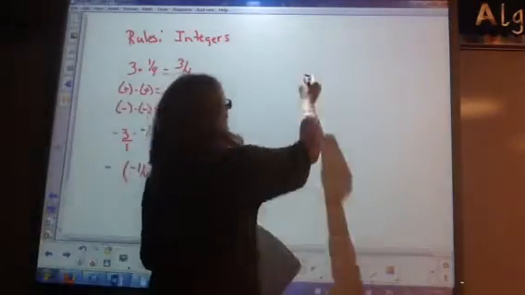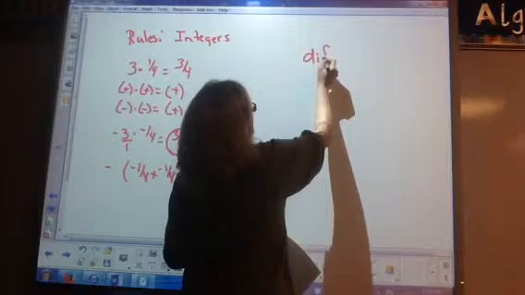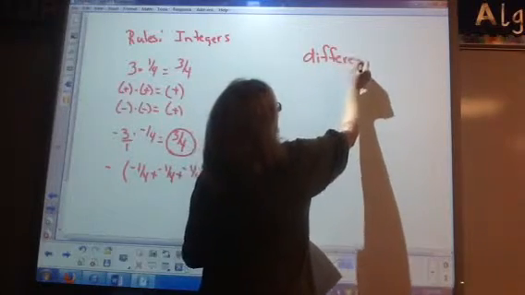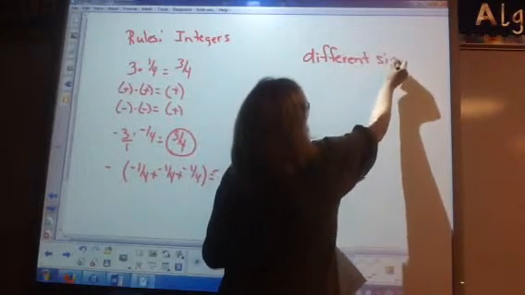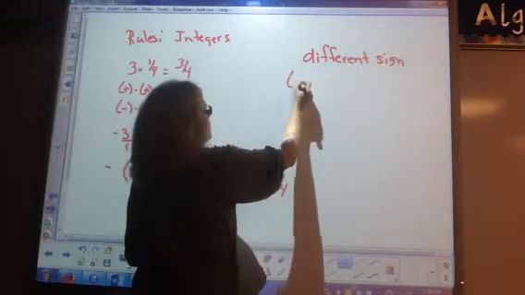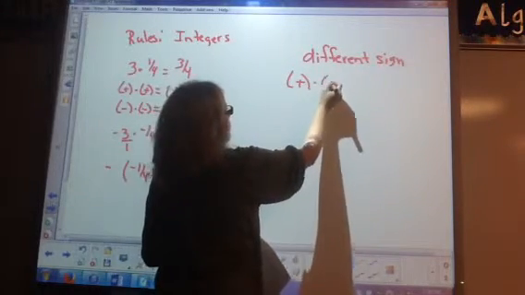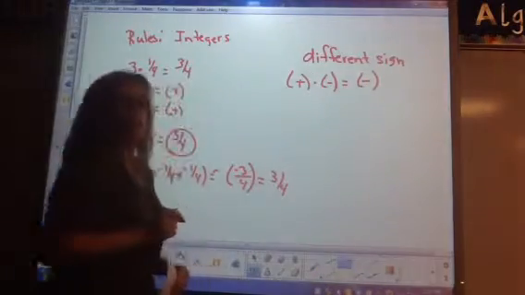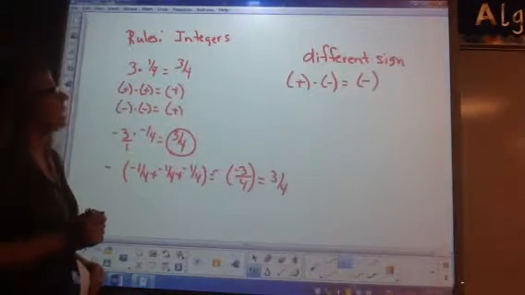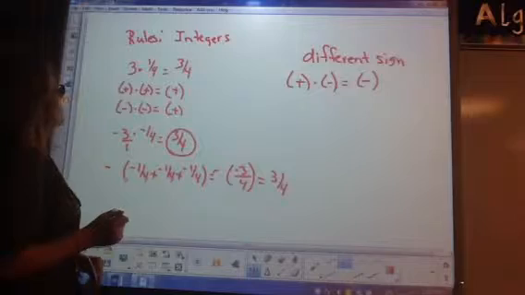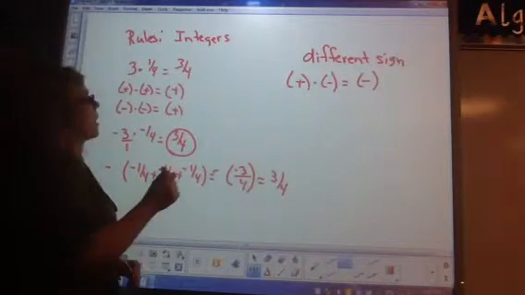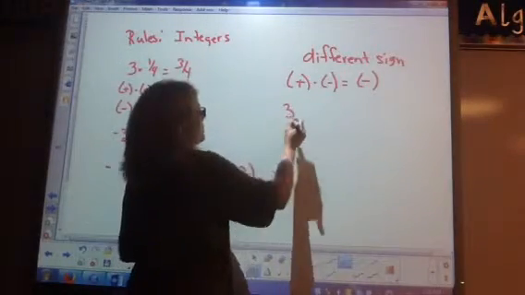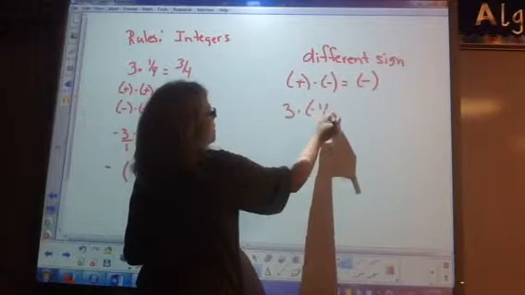Different sign is going to give me a negative. Okay? So, if I have 3 and I multiply it by negative 1/4.